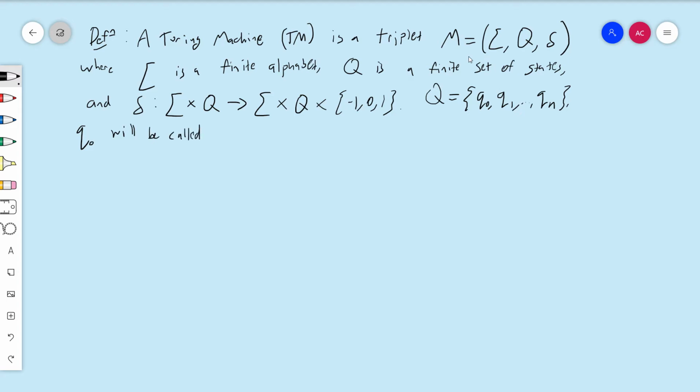Sometimes I won't use Q0; sometimes I'll use QI if it's more convenient to use Q0 for something else. In Q, we always have a special state, QI, which is the initial state. This is going to be the standard starting state.